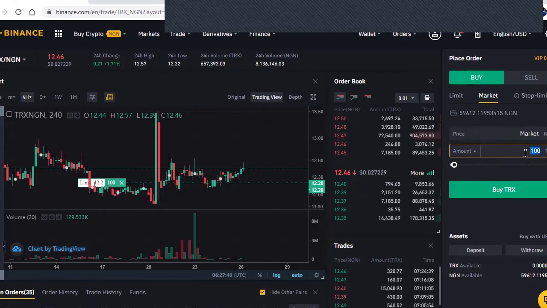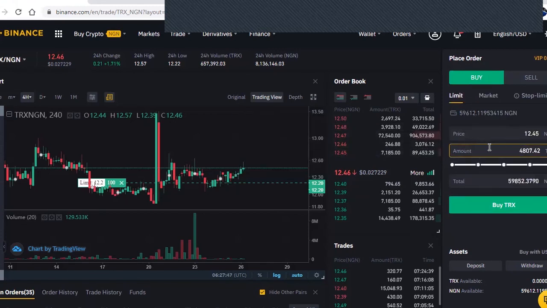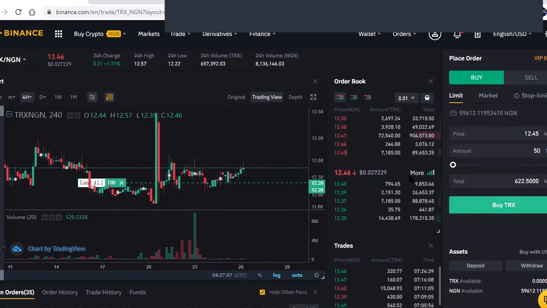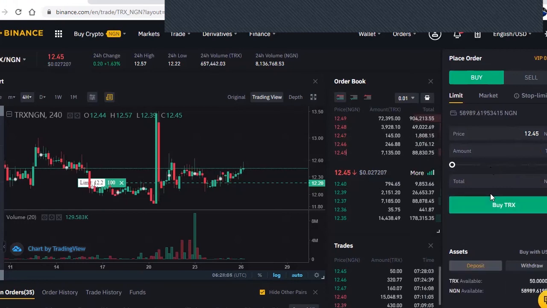Sorry, I want to use limit now, buy at, let me say, 45. Let me just buy. Confirm. Okay, limit buy order created. Fantastic. So I have about 50. Let's use that for this stop limit example now.